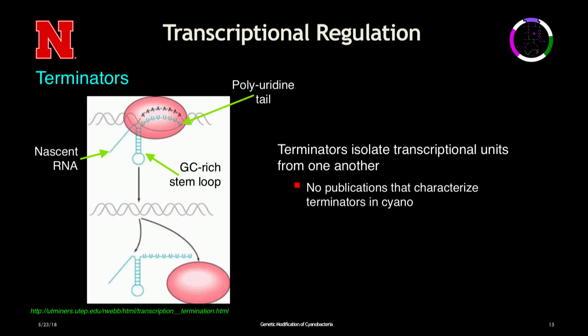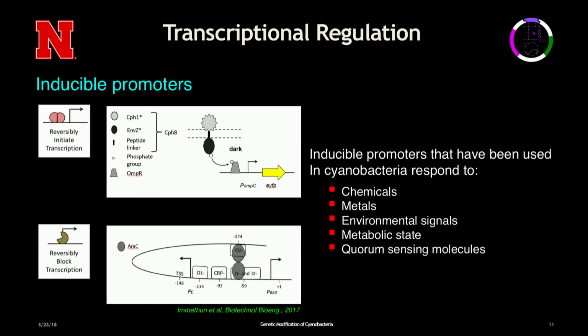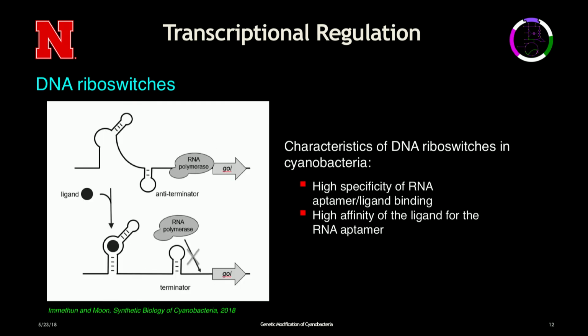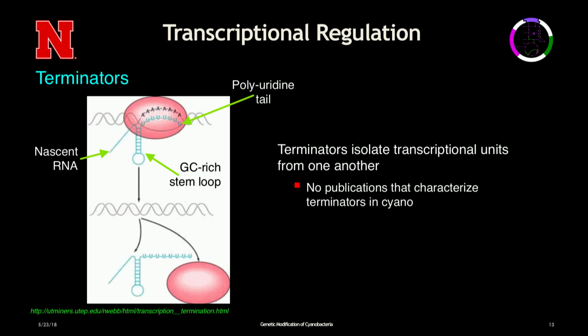We are still talking about transcriptional regulation, and termination is the last part of it, the end of the transcriptional regulation, right. So, if you can modify the terminators, you can also regulate your gene expression, right. Are we clear with this?